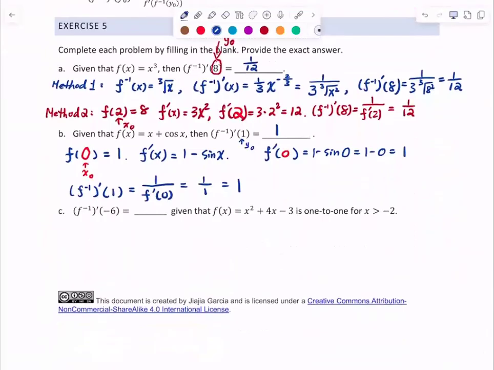So we have to find the pre-image. We set f to -6 and solve for the pre-image. The question: f of what is -6? So x squared plus 4x plus 3 equals -6. We add 6 on both sides. This one we can factor easily: x plus 1 and then x plus 3.